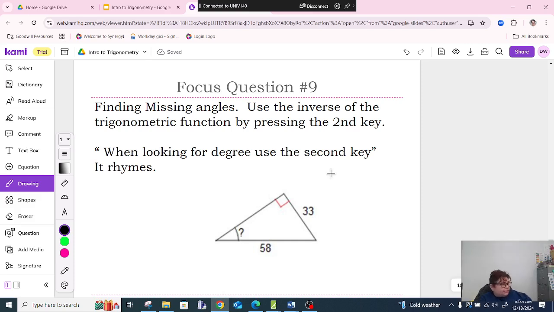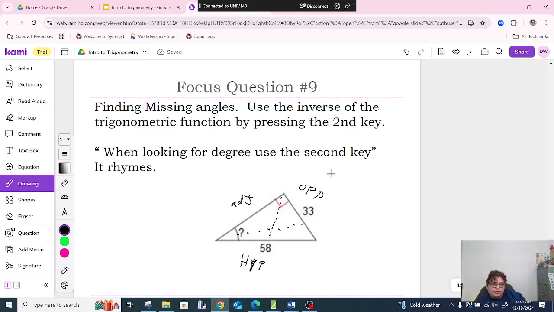You still label everything, but now I'm looking for the angle. So here's the angle. I still label my triangle the same way. This is opposite. This here is hypotenuse. And this would be adjacent.